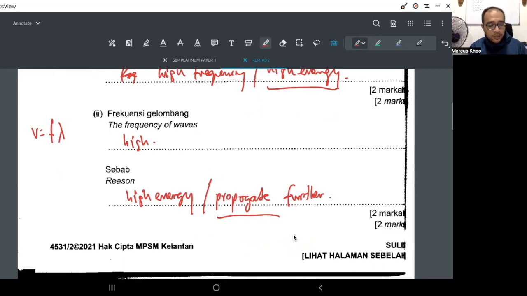Speed of sound wave is about 330 meters per second, and the value doesn't usually change because remember the relationship between frequency and wavelength. When the frequency is high, the wavelength is low. When the wavelength is high, the frequency is low. So that balance is because the speed of the wave is a constant.